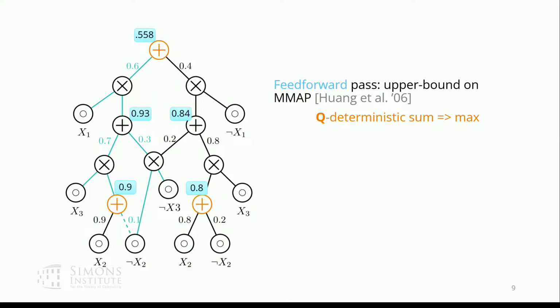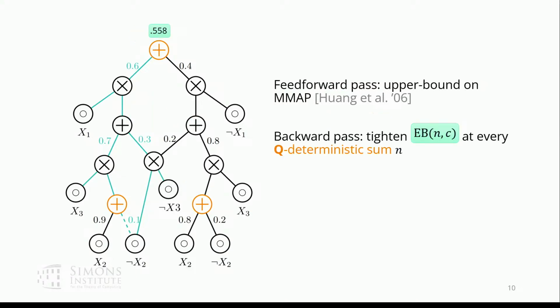And then now what we'll do is, starting from that bound, go backwards, so top down in the circuit, tightening the edge bound every time we encounter this Q deterministic or decision node on the query variable.